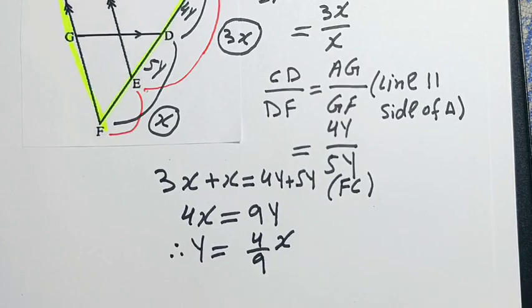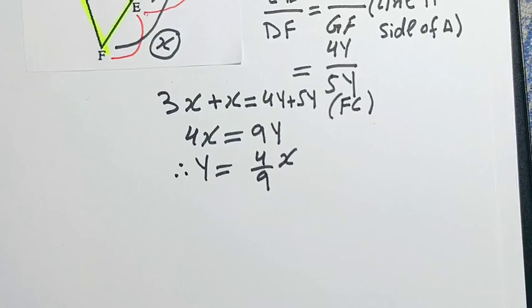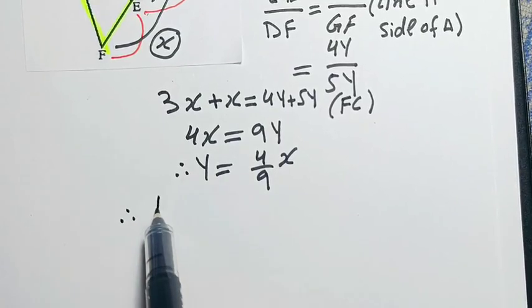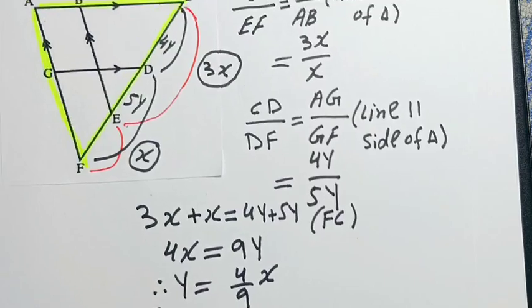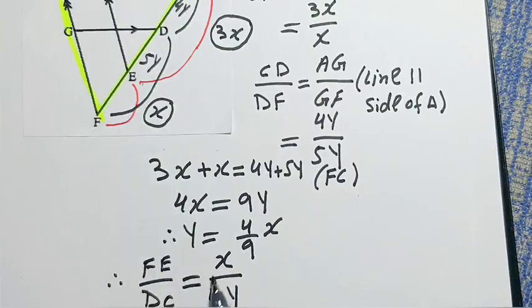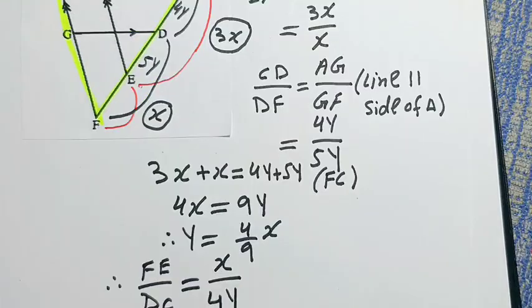Must remember, x on top. But we need to find FE over DC. Therefore, FE over DC is going to be equal to, FE we have x, I write x, and the DC we have 4y, I write 4y. See, C to D is 4y. Now y is equal to 4 over 9 x.